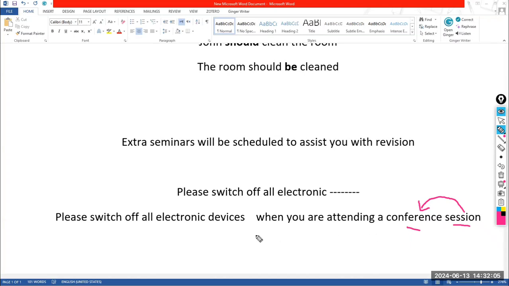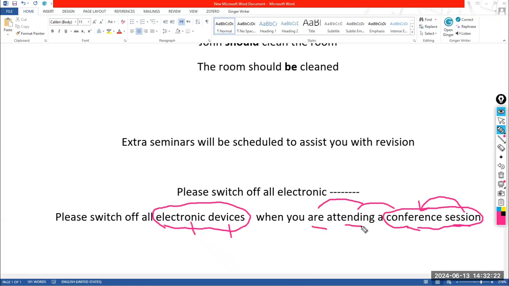So in your note paper, you have to write electronic devices because these are the nouns. Adjective, this is adjective, this is noun. Conference session, this is noun plus noun. These are exactly what you have to write on your paper sheet and you have to match. Now, this is present continuous verb. This is when, this is relative pronoun. You is the subject. I don't have to focus on it.